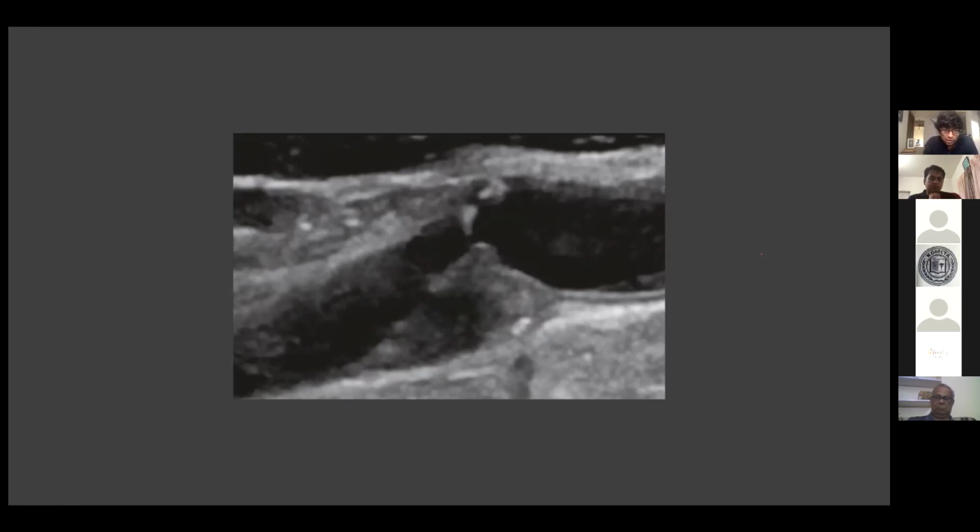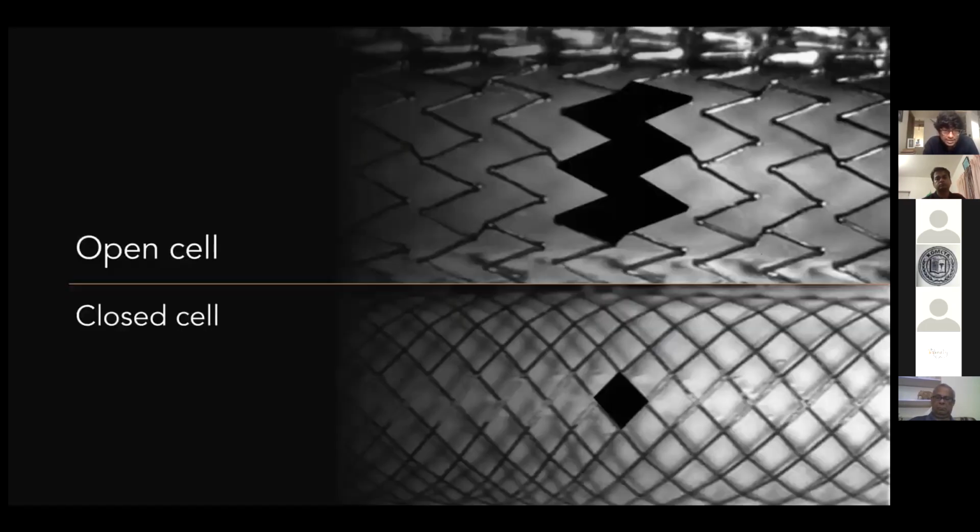Whenever you're going to do a pre-dilatation or a post-dilatation, this echo-lucent, soft plaque might actually migrate through the struts of the stent and cause distal embolization. So you have to use what is known as a closed cell stent. And this is the time when I will explain the difference between an open cell and a closed cell stent. You can see that the cells here are completely closed.